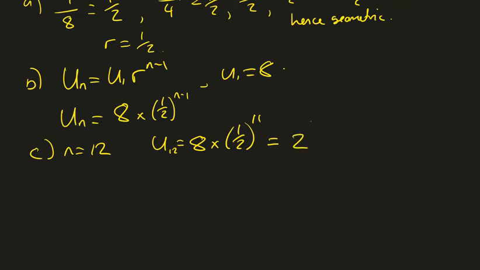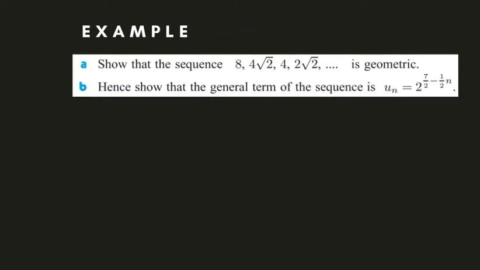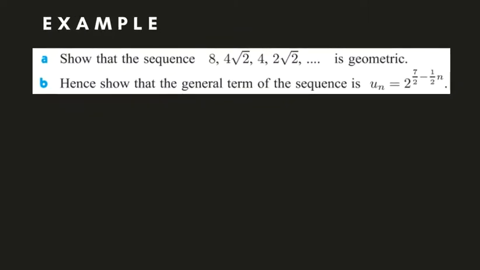Well, I could write 8 as 2 cubed, and I could write that half as 2 to the minus 1. So 2 to the minus 1 to the 11 is 2 to the negative 11. So actually this term will be 2 to the negative 8. It's a little bit easier to work out as a fraction. It's 1 over 256. There we go.